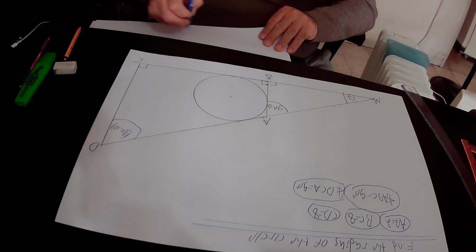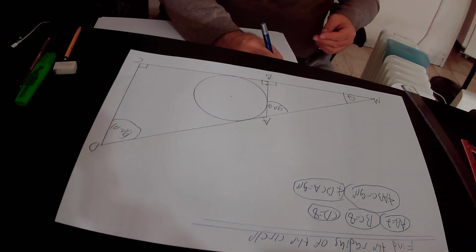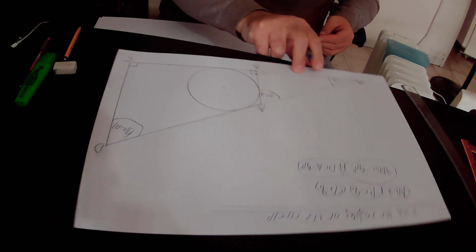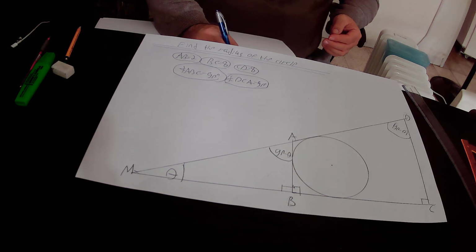We prove that the big right triangle, triangle DCM, is similar to the right small triangle, triangle MBA.